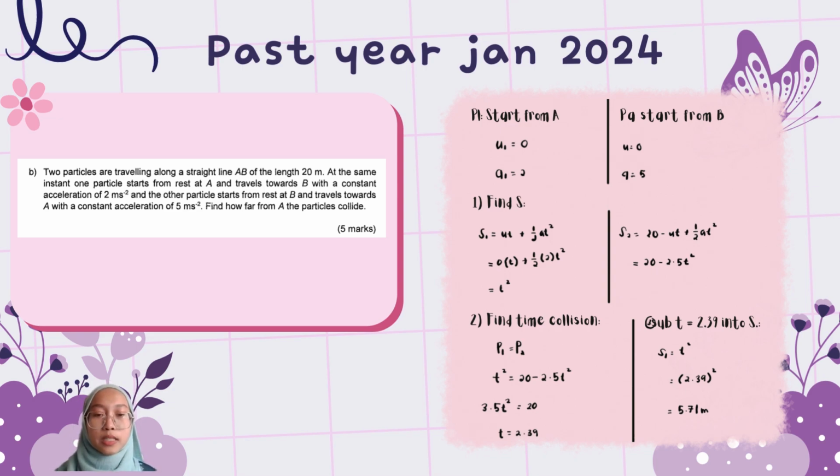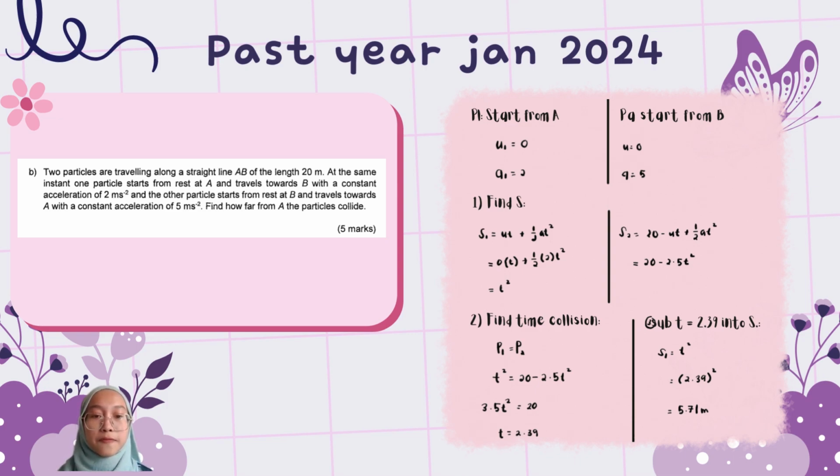So first, we need to write all of the information we have. For the particle that starts from A, particle 1, the initial velocity is 0 and the acceleration is 2 meters per second squared. While the other particle that starts from B, the initial velocity is also 0, but the acceleration is 5 meters per second squared.